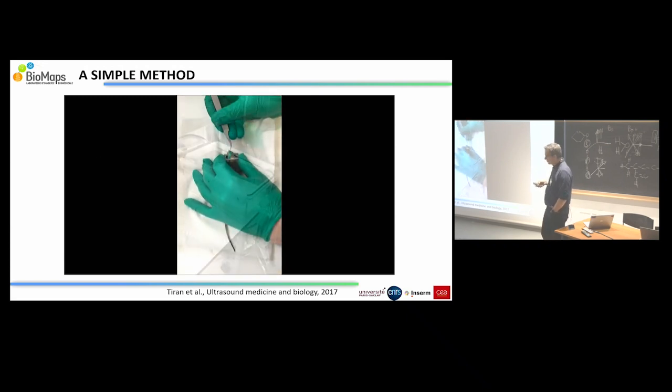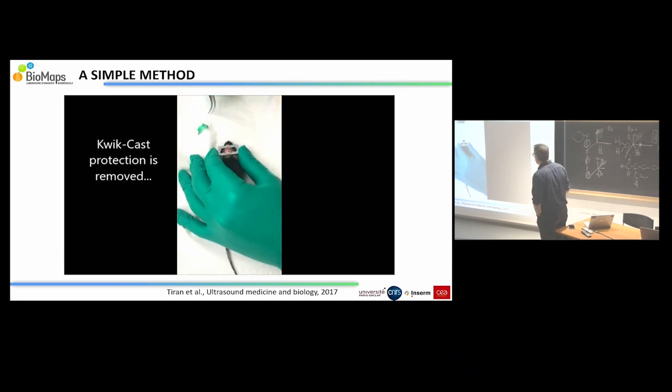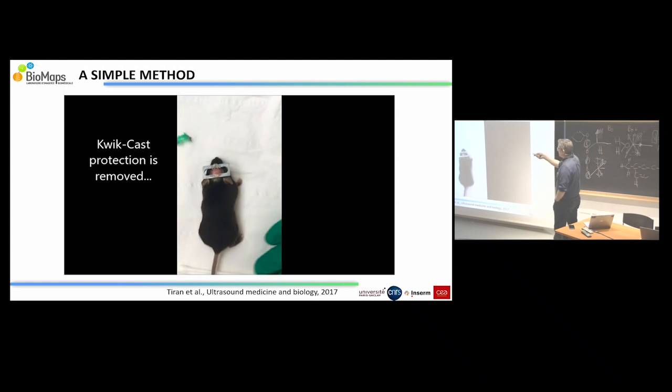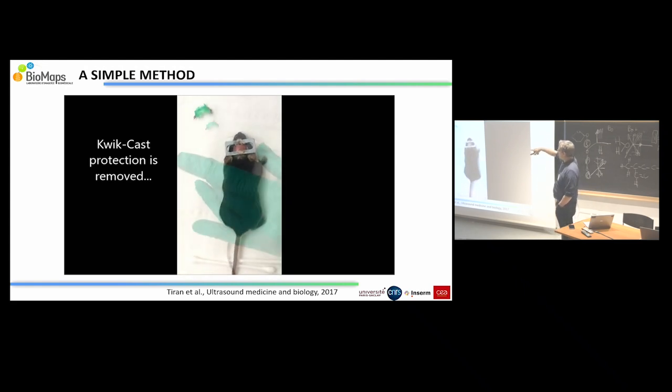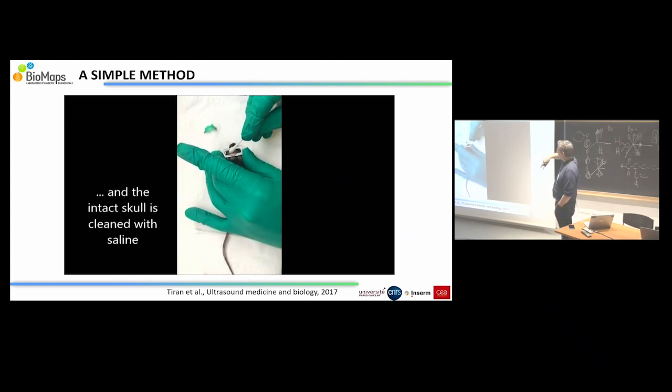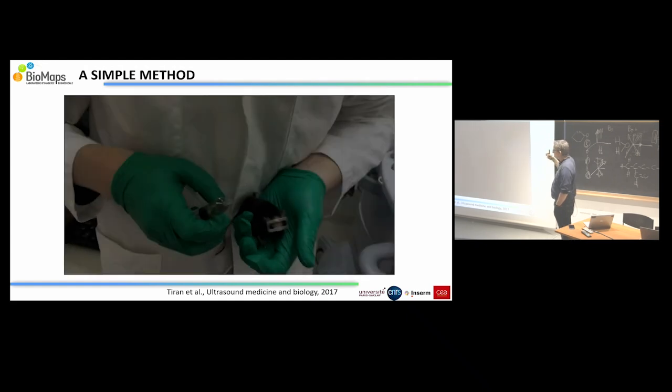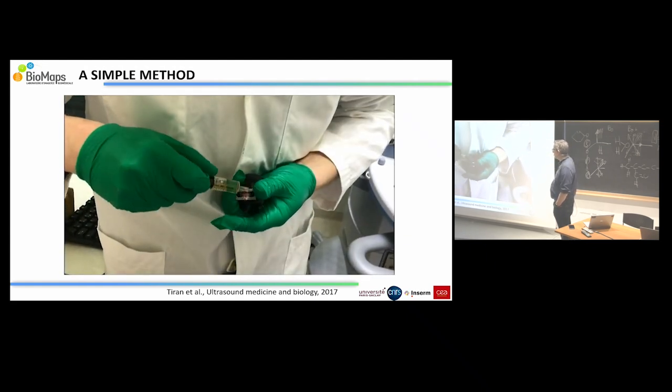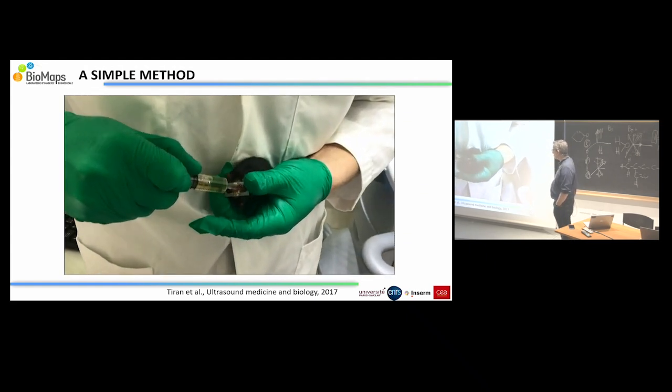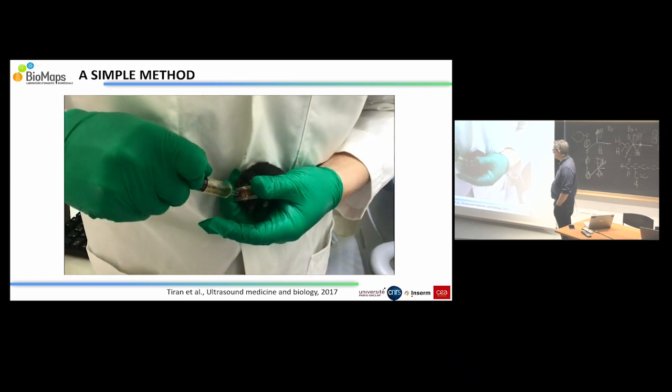So the mouse is anesthetized. We remove the plastic that blocks the hair from growing. There is a small metallic plate that is glued on the head in order to fix the array. So he placed here some gel.